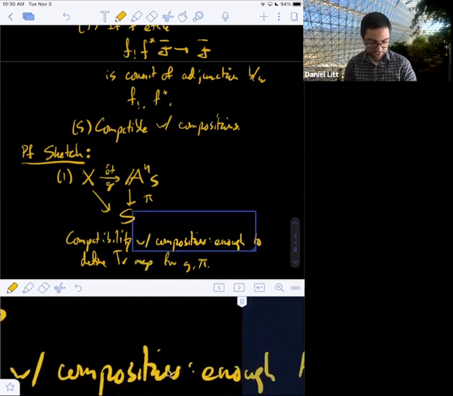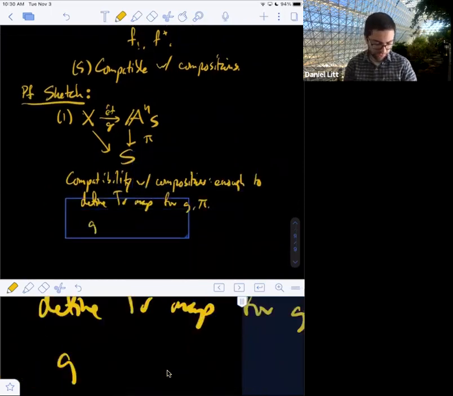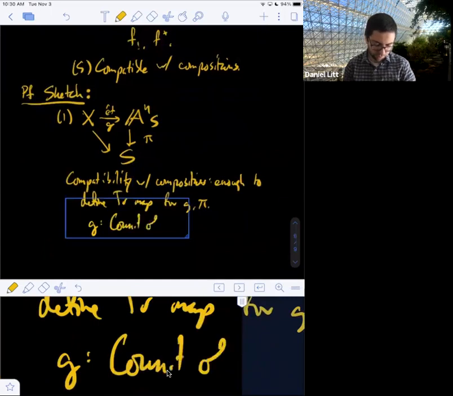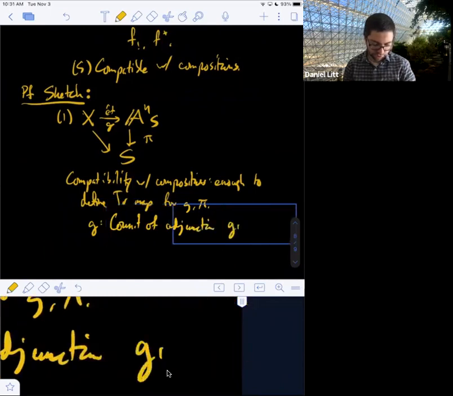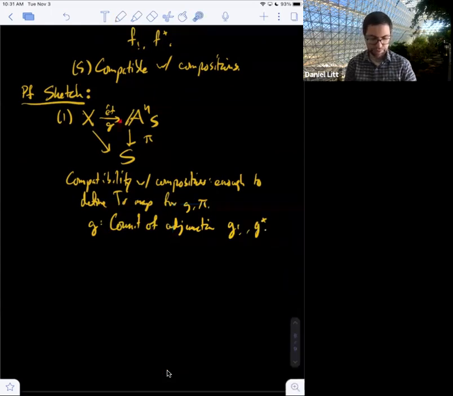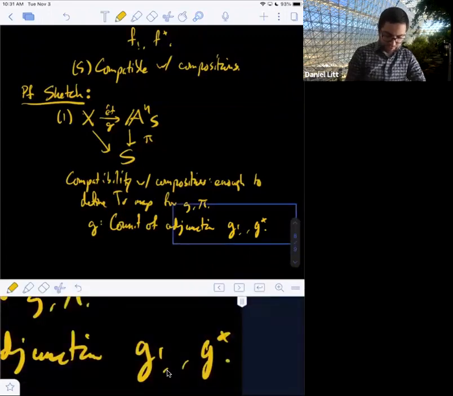So for G, we already said what it is. It's the counit of the adjunction between G lower shriek and G upper star. So here, this is because it's an Etale morphism. And now for pi, there's a little bit of subtlety.